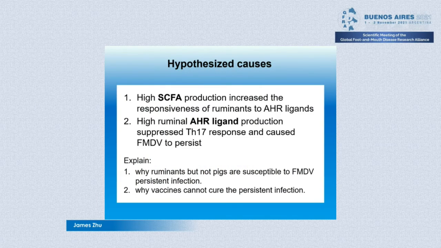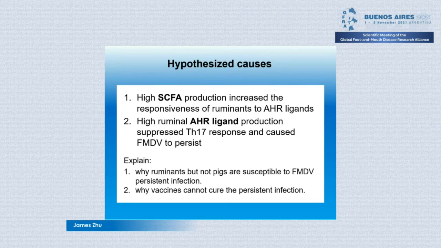Therefore, based on our result and the ruminant physiology, it is hypothesized that high short-chain fatty acid production in rumens increases the sensitivity of ruminants to AHR ligand stimulation, and excessive ruminal AHR ligand production causes FMD persistent infection.